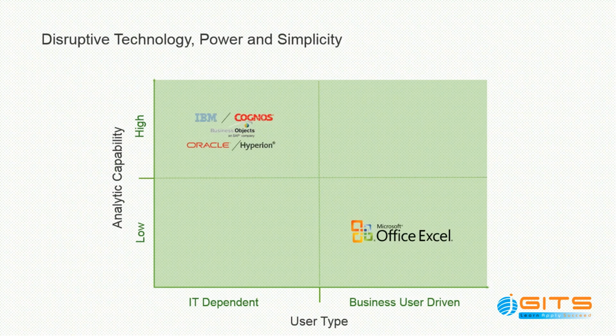So these are the two extremes in the BI arena today, wherein on these two ends we can put all the tools onto these coordinates. So where does QlikView fit in? QlikView actually fits into the leader segment, and we can very well see that not only does it offer a really high analytical capability, but it is also very friendly to the business users.